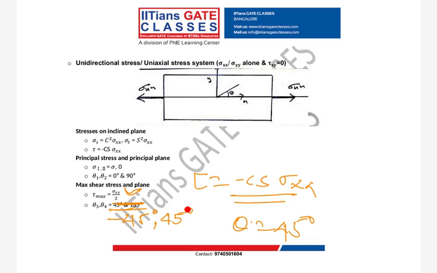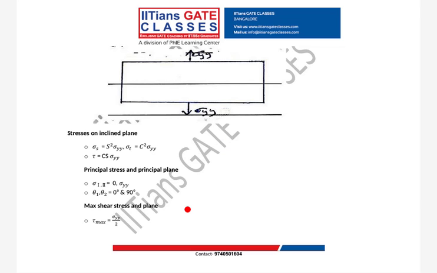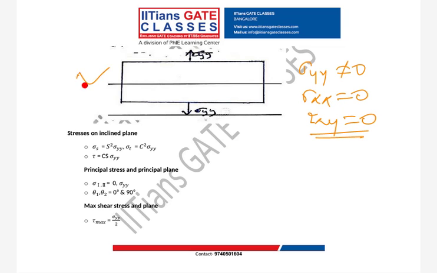Okay, so these are the things you need to understand here. Now let's move to the next case. Now here you have sigma y non-zero, sigma x 0 and tau xy 0. So this is another case, uniaxial loading in y direction. Now here what will be my sigma s from the stress transformation matrix?